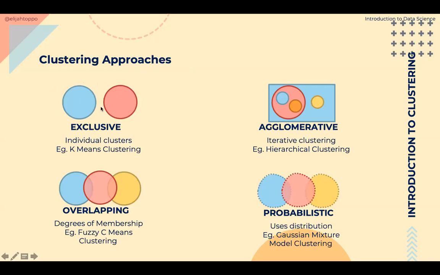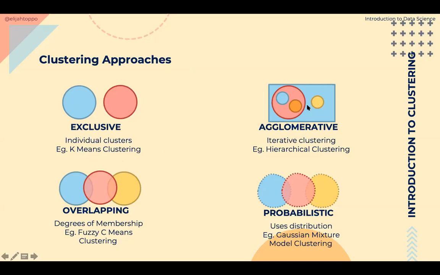They are completely separable. Okay, they're completely exclusive. What this means is, if an item belongs to the blue group, then it definitely does not belong to the red color. It only belongs to one group at a time. There are individual clusters and there is no overlap. One example of an unsupervised learning method that does that is called K-means clustering.